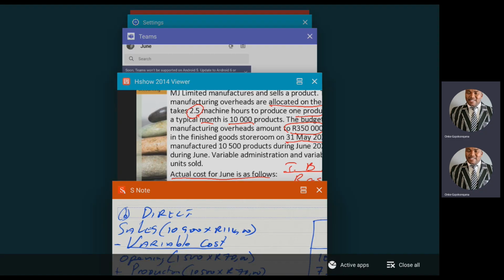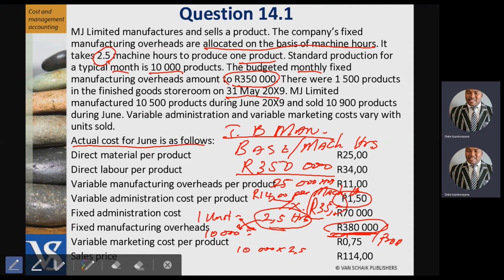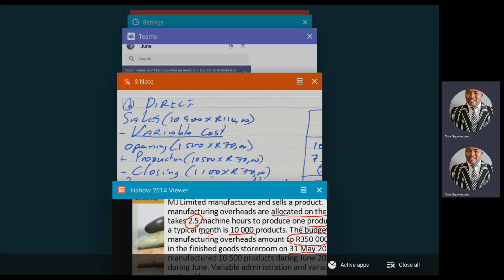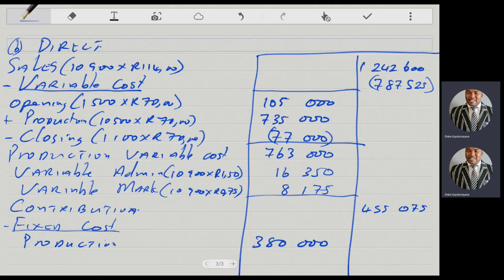Then another fixed cost is the fixed admin, 70,000. 380,000 plus 70,000, so we've got 450,000 in total.